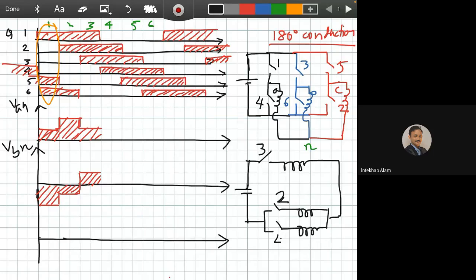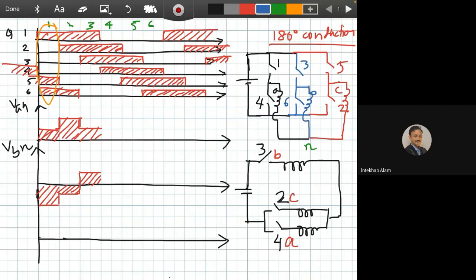Now I'm showing in a red mark. Switch 4 is with A, switch 2 is with C, and switch 3 is with B.